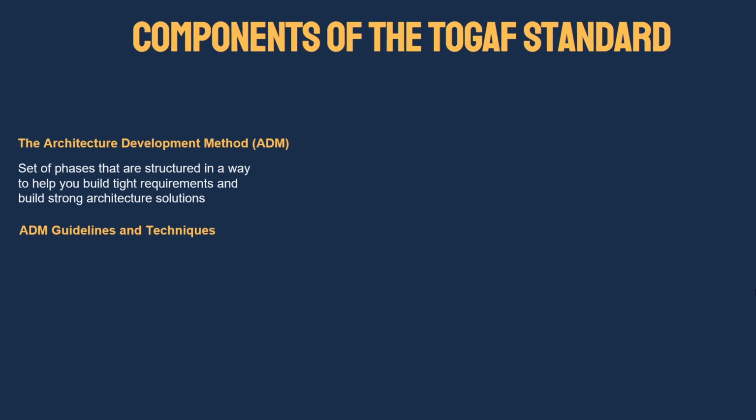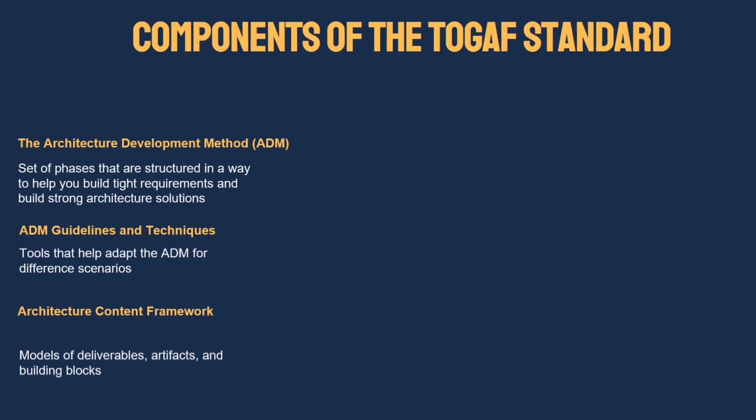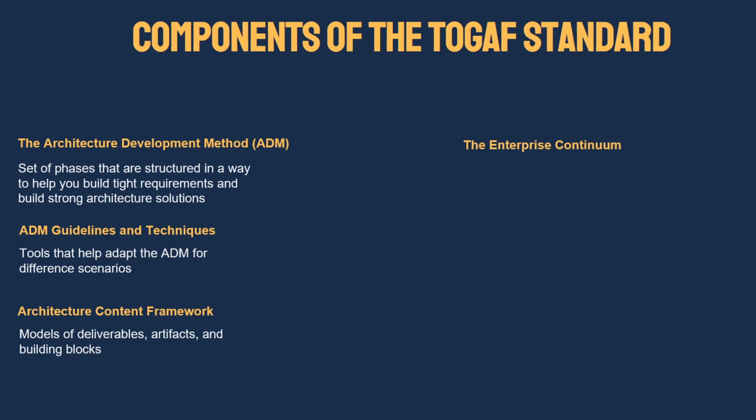ADM guidelines and techniques are tools that help adapt the ADM for different scenarios. The architecture content framework is a set of deliverable artifacts and building blocks that help you create. The Enterprise Continuum is a library of artifacts. These artifacts can be leveraged and reused, built up, and improved over time.